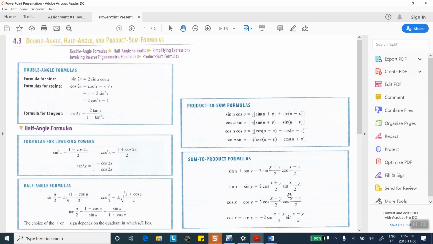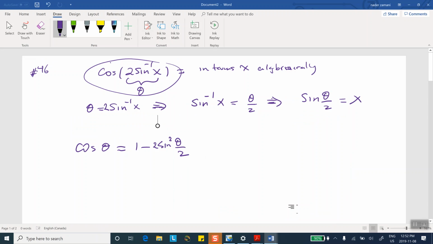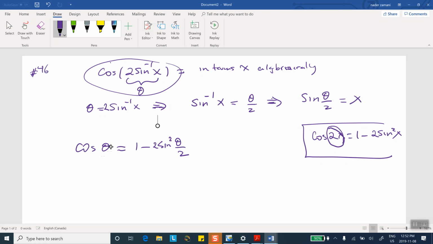In other words, what I'm using is the identity cosine of 2x equal to 1 minus 2 sine squared x, where I'm replacing 2x with theta, and this becomes theta over 2.